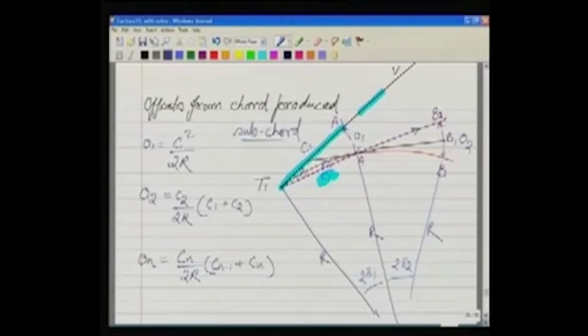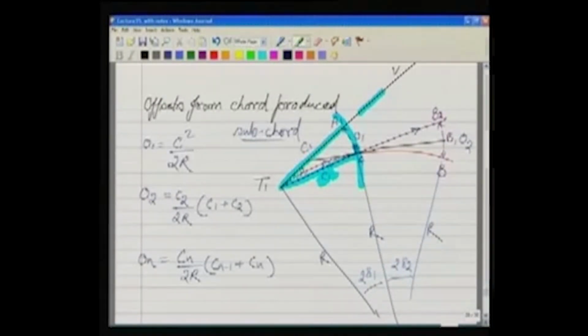From there, we take an arc, and this arc ensures that the distance is also C1.